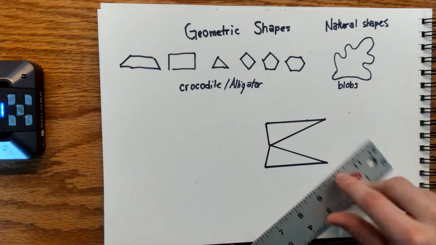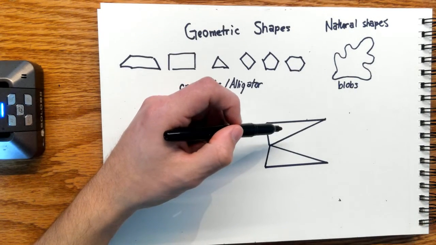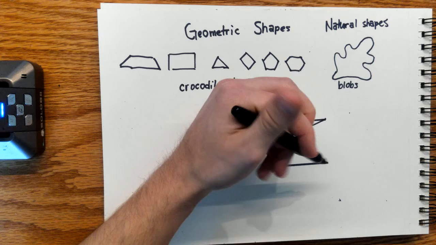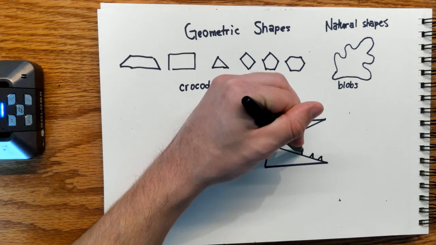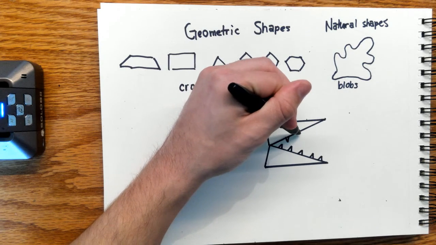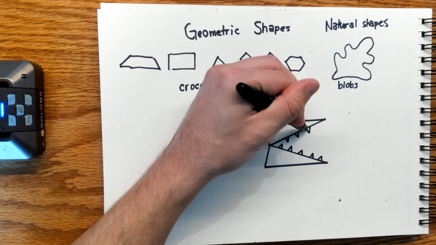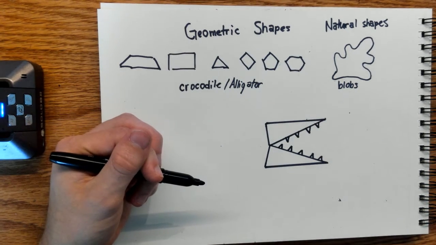Alright. Now, alligators don't just have long mouths, they also have a bunch of razor sharp teeth in them. So inside my mouth, I'm going to add some tinier triangles. And now we have my alligator's mouth and his teeth.